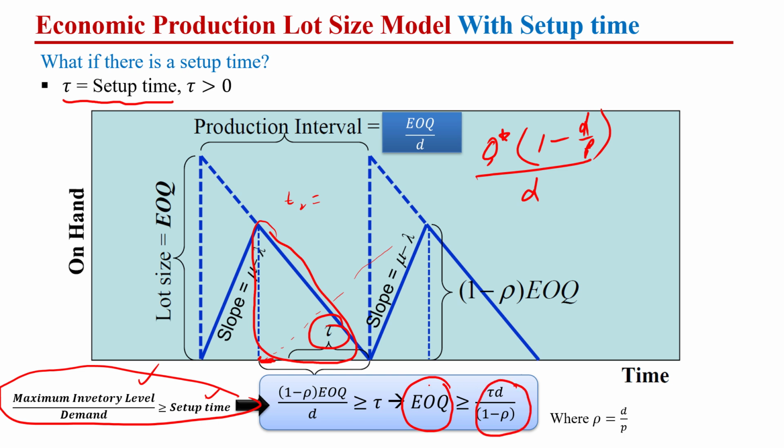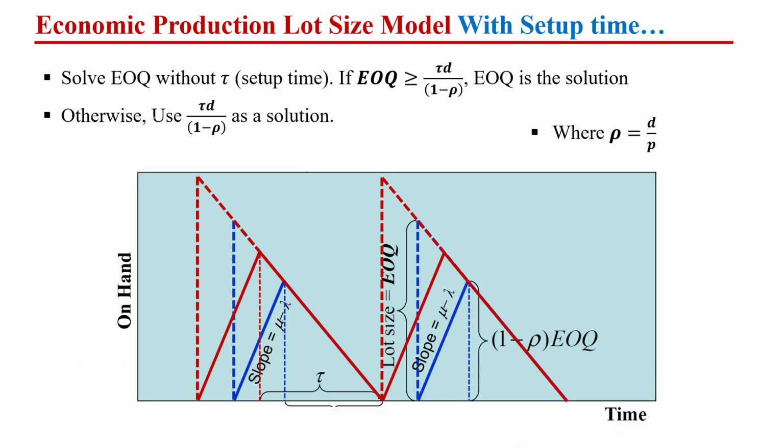If the economic production lot sizing value is greater than this, we calculate the order quantity or lot size with the economic order quantity formula which we have seen earlier. But if this value is smaller than this one, then the economic production lot sizing value would be equal to this answer, as I have shown here.